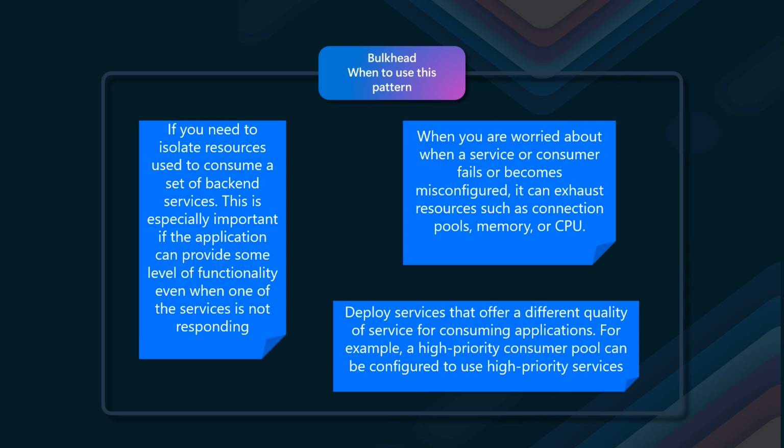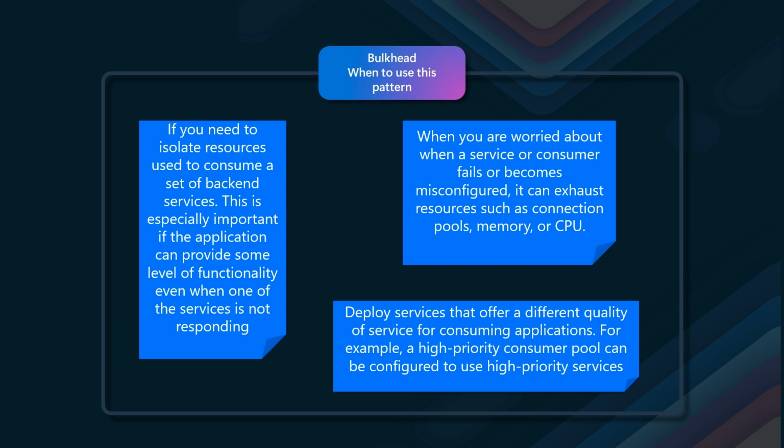Implement the bulkhead pattern to isolate critical consumers from standard consumers. This ensures that critical operations can continue even if standard operations fail, protecting your application from cascading failures. So the bulkhead pattern helps protect your application from cascading failures by isolating different parts of the system. A failure in one part does not affect the entire system.